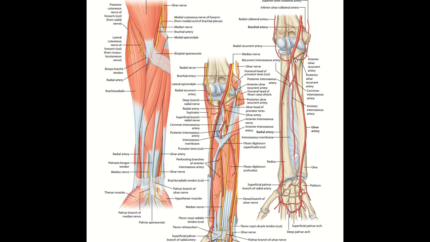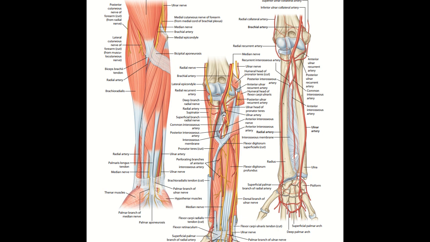At the level of the neck of the radius, you're going to have a bifurcation of the brachial artery that is within the cubital fossa. So you're going to have the ulnar artery, which is the largest of the branches given by the brachial artery.